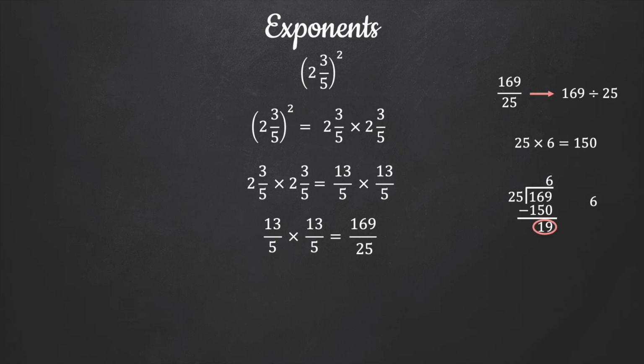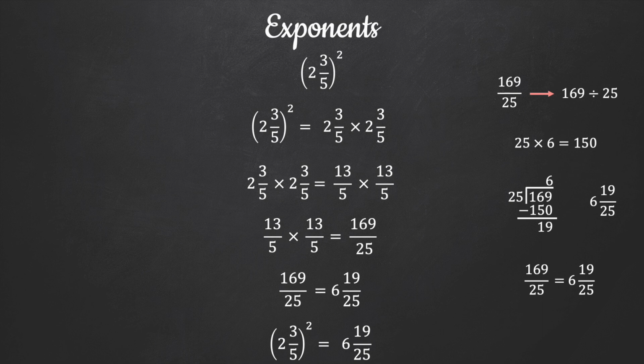Then we have a remainder of 19, meaning we have 19 parts out of 25, because that's what we're dividing by, and that's how much we need to make a whole. And we have 19 out of 25 left over. So that means that 169 over 25 is equal to 6 and 19 over 25.